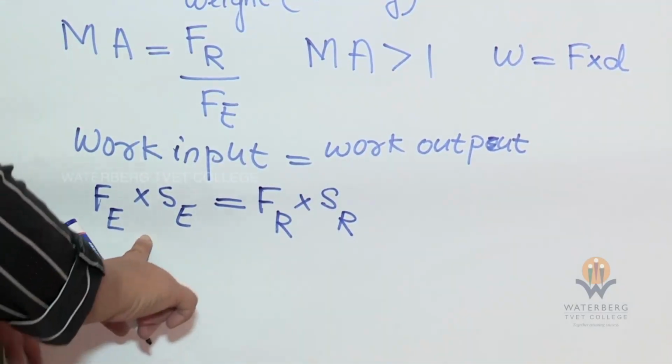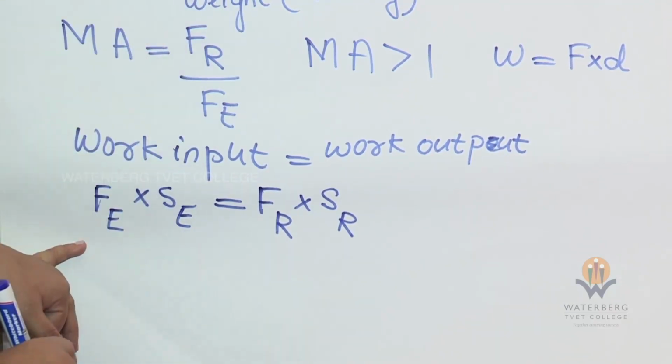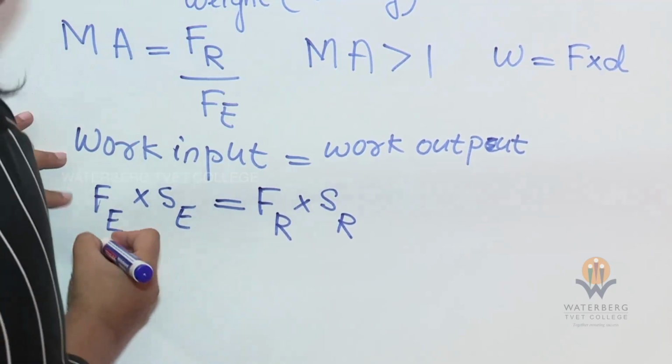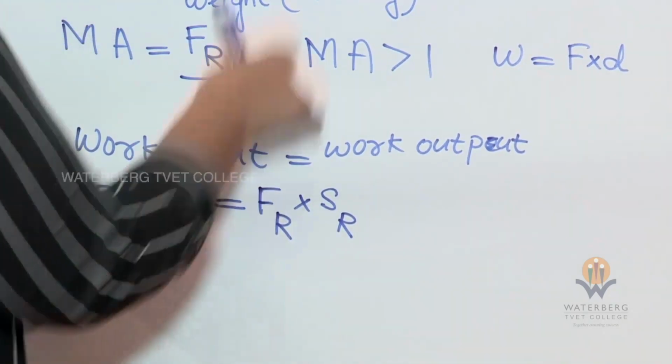Now, we can use this law of simple machines in the inclined plane, and we can make this formula as Fe multiplied by the effort distance.